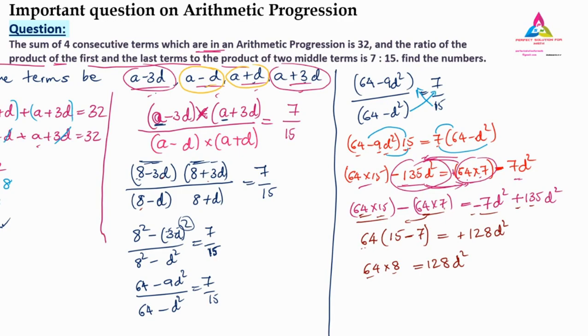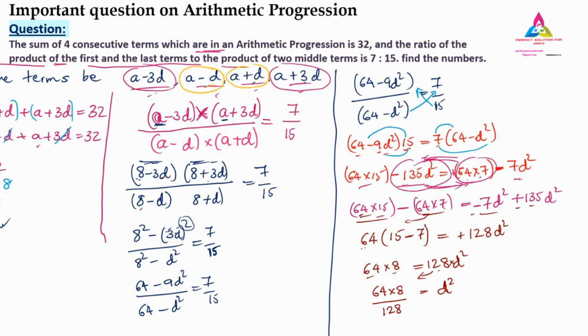Why? Again there is a simplification, a small trick again here. So what you have to do is keep 64 into 8 as it is, that is 128 into d square. We have to keep only the unknown thing, that is d square, as it is. But this 128 we can bring to this side; it is multiplication over here, so it will divide.